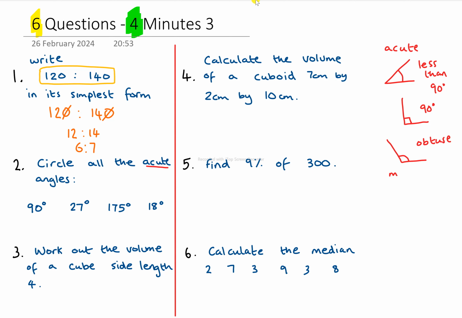So acute, right angle, obtuse. It's more than 90 degrees but less than 180 degrees.